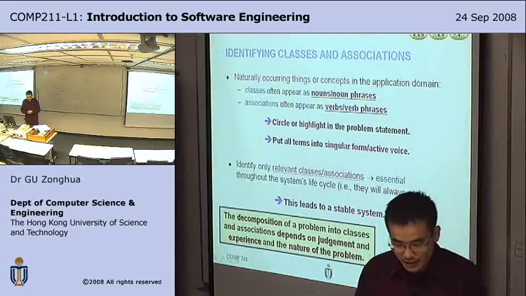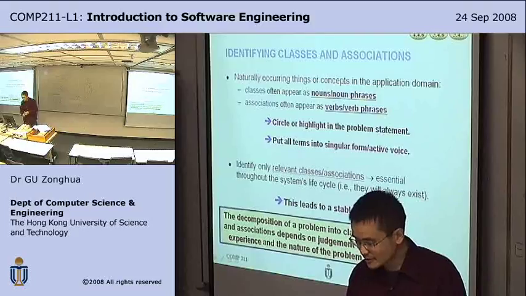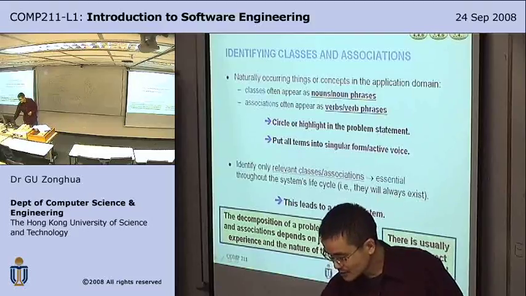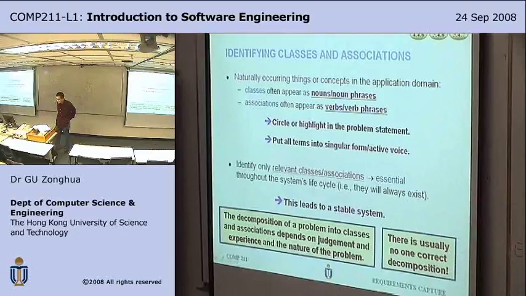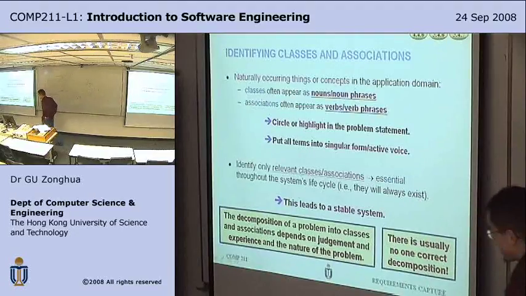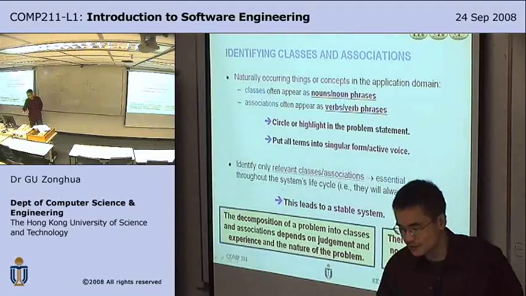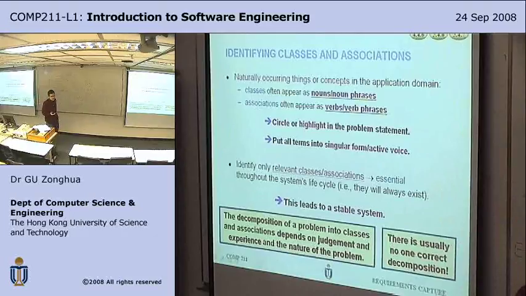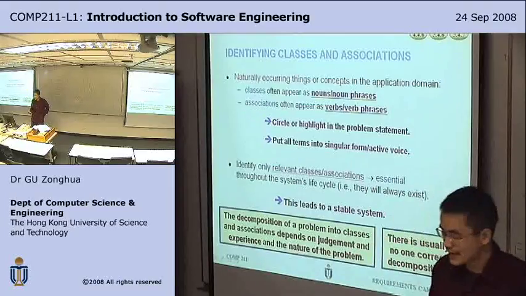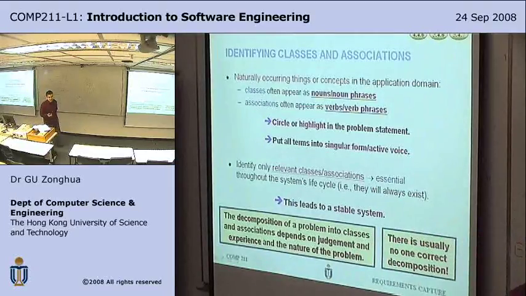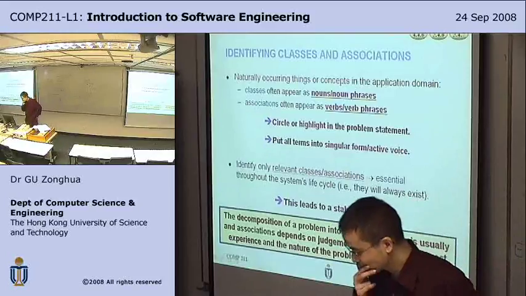So there's often not a single correct decomposition. For simple problems, it's often very obvious how to design the classes. For your example, you have students, obviously, professors, and how they're related. But for more complex systems, you may have different ways of designing the system. So oftentimes there's no single correct answer.